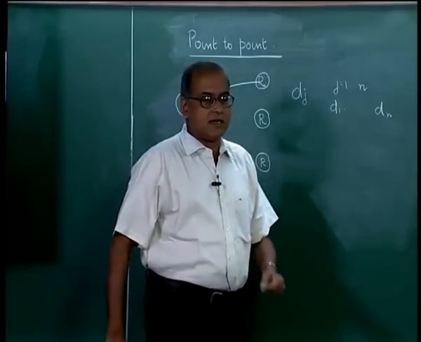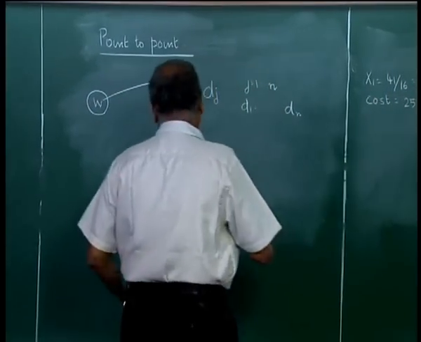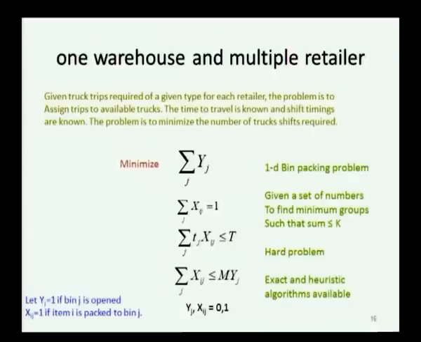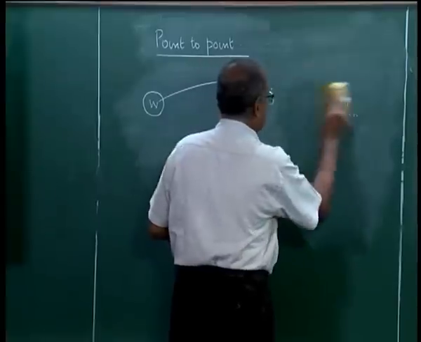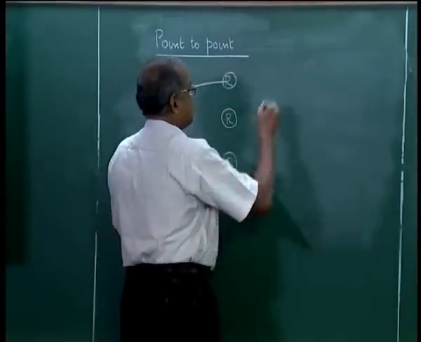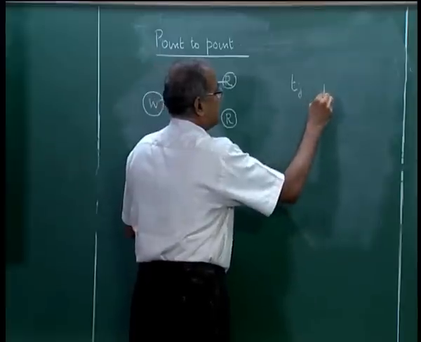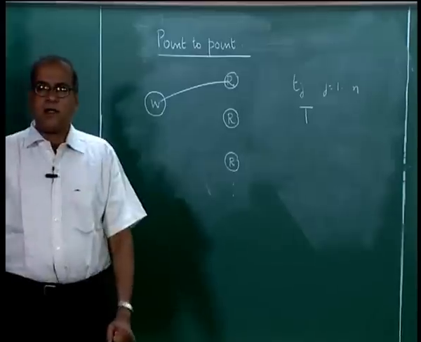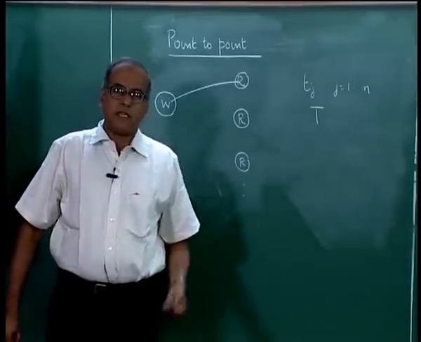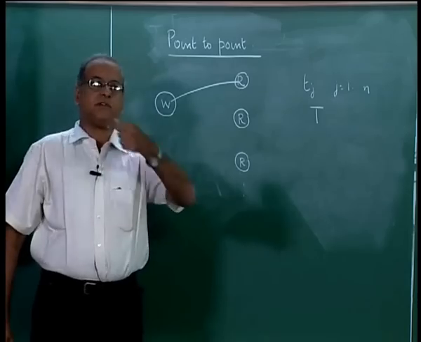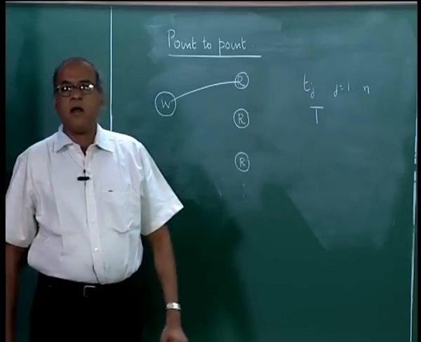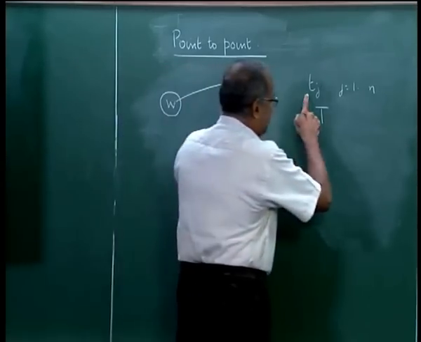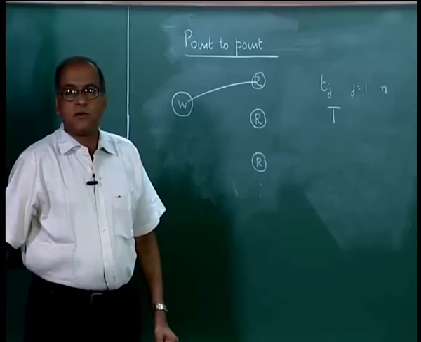Using this notation, we would call this time t1 to tn. Instead of distance, we call them time tj, j equal to 1 to n, and the truck is available only for a time of capital T. Then the question is, how many trips should this truck take, or how many trucks do I need such that I meet the demand of all of these t1 to tn.